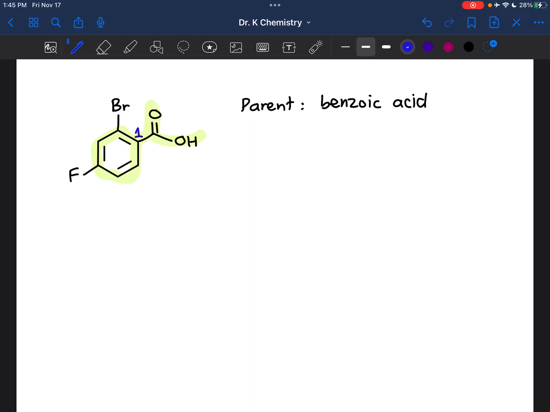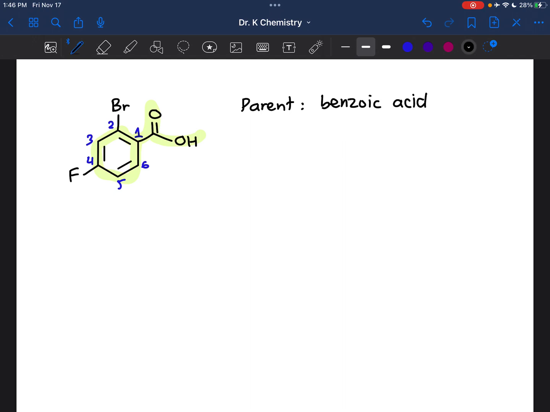And we gave that aromatic carbon that's directly attached to the carboxylic acid carbon 1. And then I have to decide whether to go clockwise or counterclockwise. If I go clockwise, the next substituent is on carbon 4, whereas if I go counterclockwise, the next one is on carbon 2. So I will go counterclockwise.